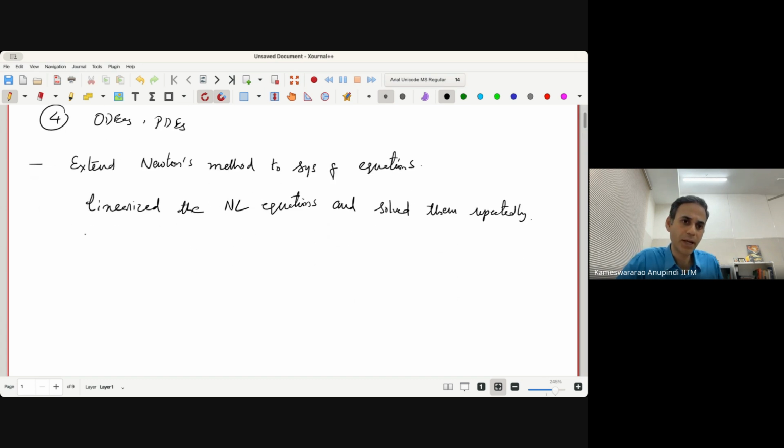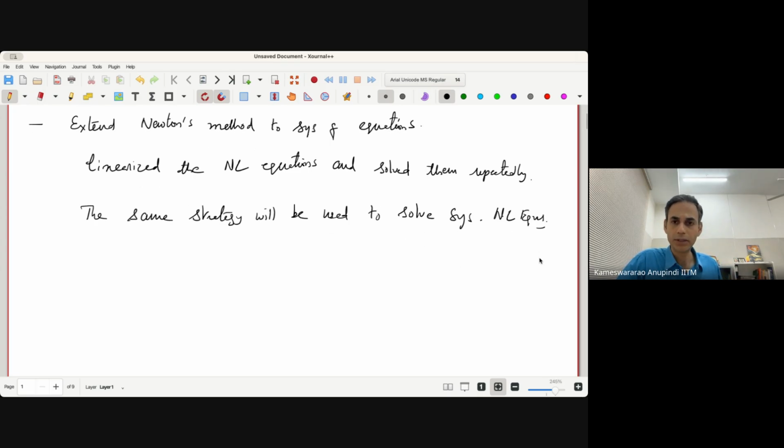So that is the same strategy that will be used to solve system of nonlinear equations. We're going to essentially linearize all these equations, and then solve them in an iterative manner to get to a solution.